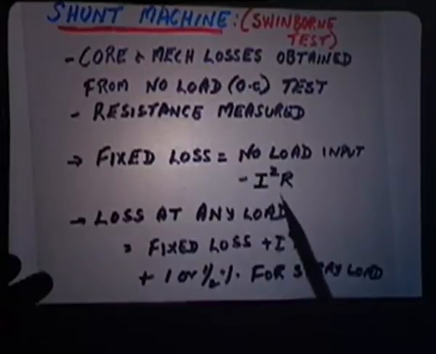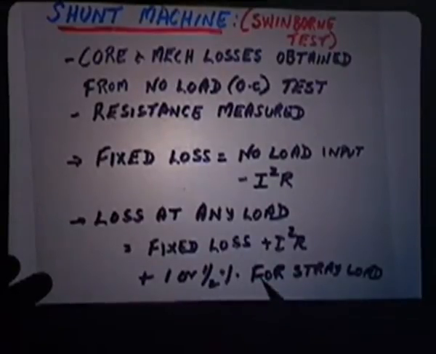Because when you are on load there will be additional losses which are difficult to estimate, but it is assumed to be around 1.5% of power output. So, this will be the total loss for the shunt machine.